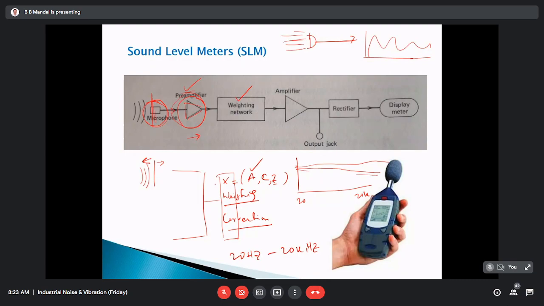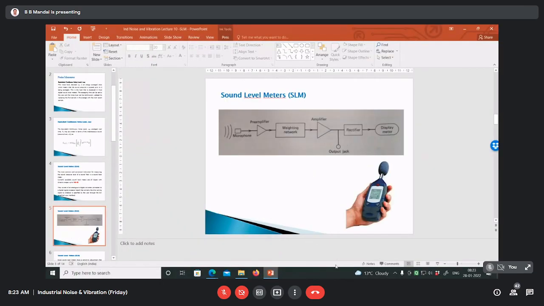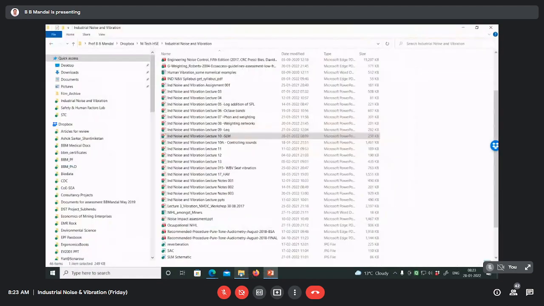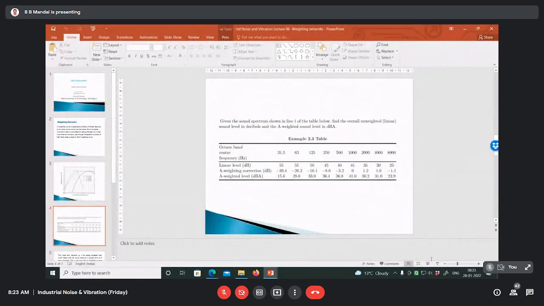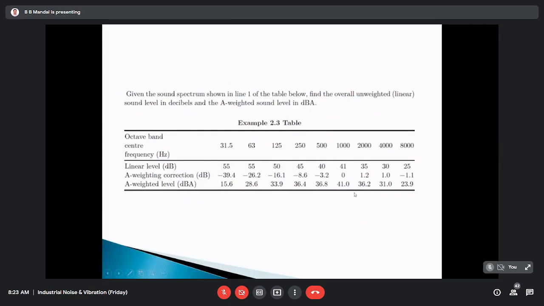In the weighting network, what it will do is receive a band of frequencies, or the sound waves of different frequencies. Our preamplifier sends a signal across all the frequencies. Before you go for the weighting network, you need a frequency analyzer also.